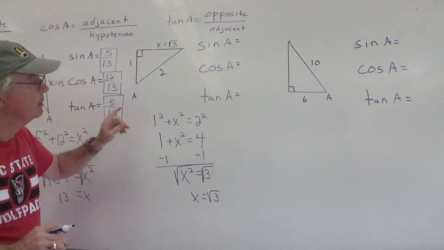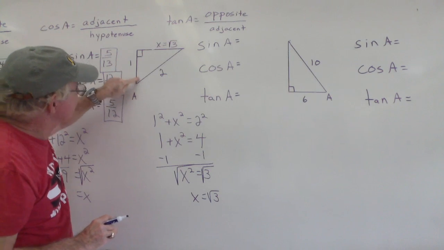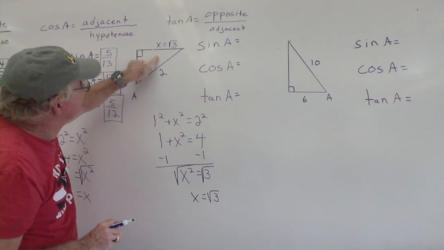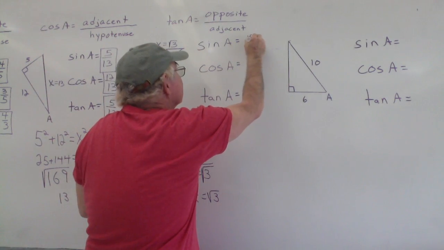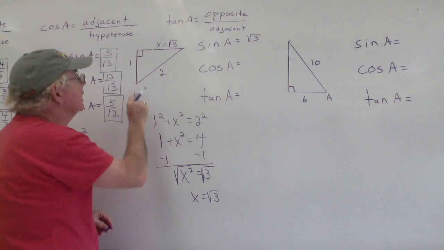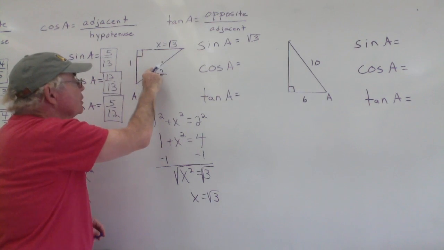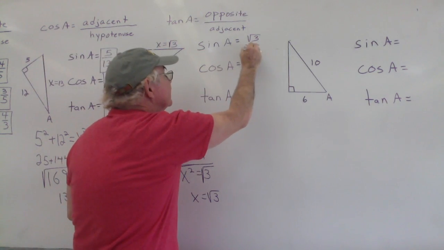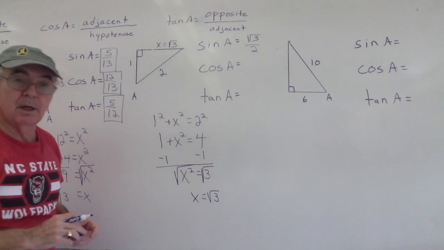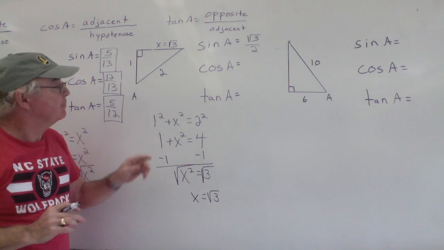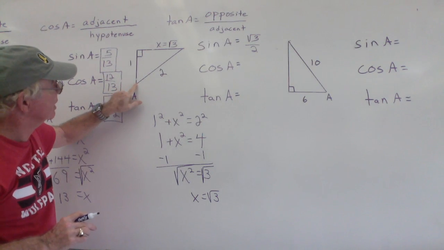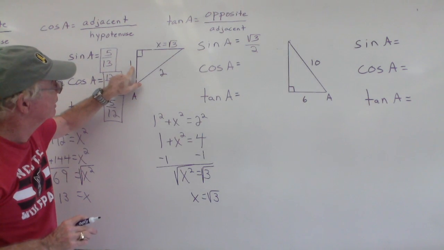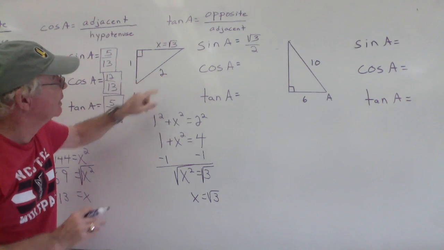Now, let's apply the definitions. Remember, the sine is the opposite, square root of 3, divided by the hypotenuse, 2. The cosine is the adjacent. What side's touching angle A? 1 over the hypotenuse.